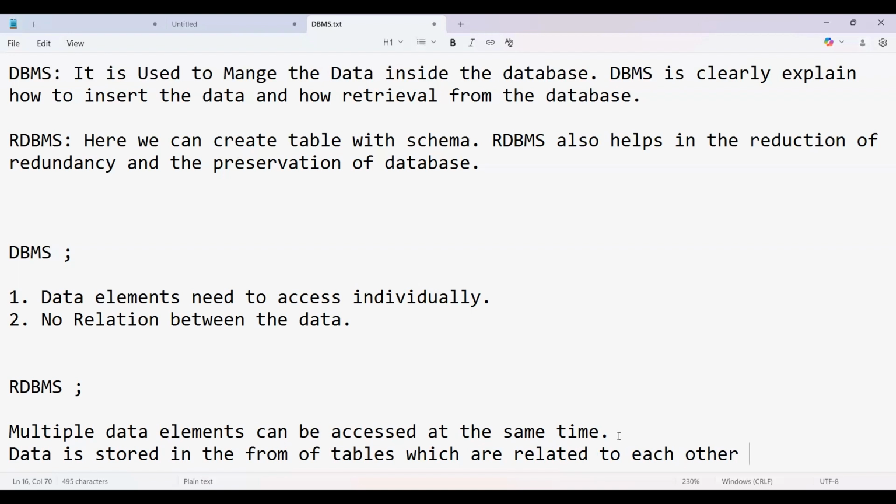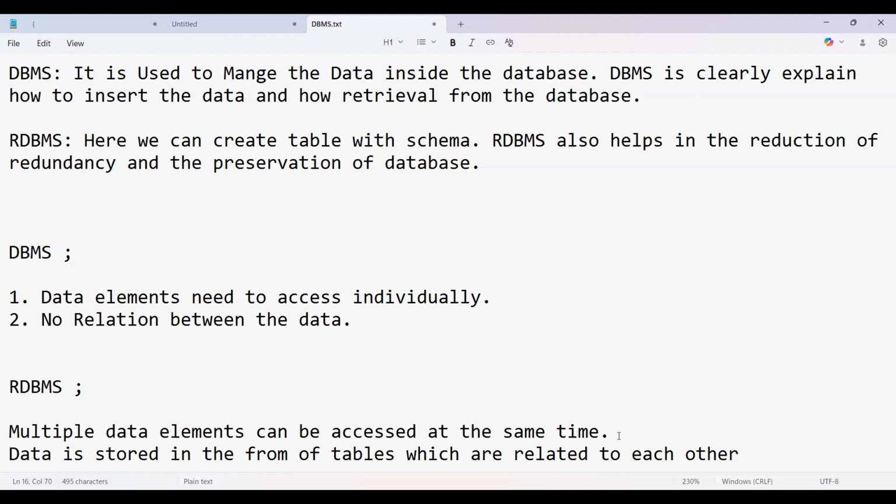Got it? There is no relation between the data while you are working in the DBMS tool. But there should be a relation between the tables while you are working in the RDBMS tools.